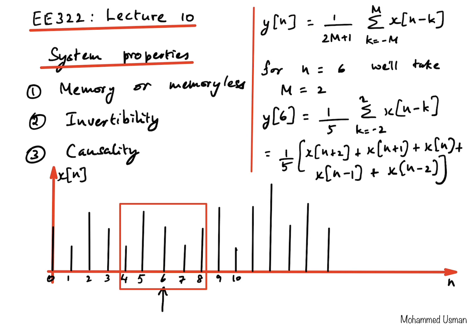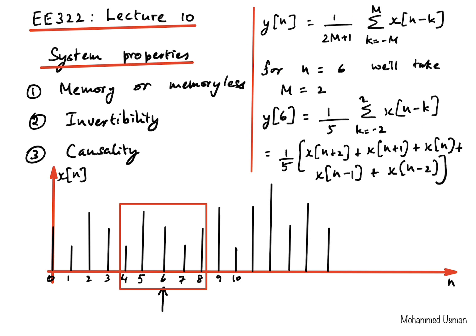So this is what I wanted to highlight here. In general, for causal systems where time is our independent variable, if it is non-causal, we can't implement it in physical reality. But if it is causal, it can be physically realizable.